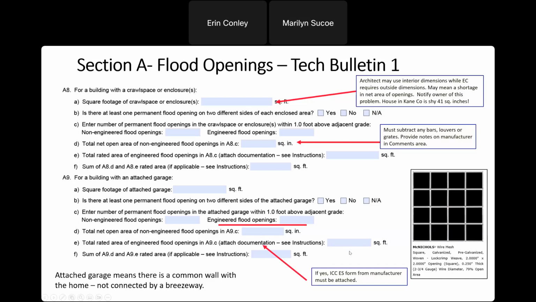So it's rated for 800 square inches. And then you provide that ICC-ES form.